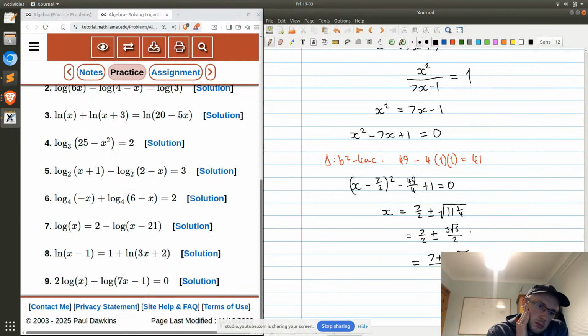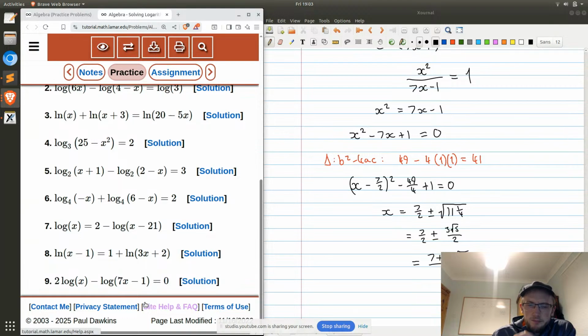Does that actually work? Because if I do 7 minus 3 root 5, I do get a positive number. And so there's no problem at all over here. But is it okay here? Well, I have to investigate.